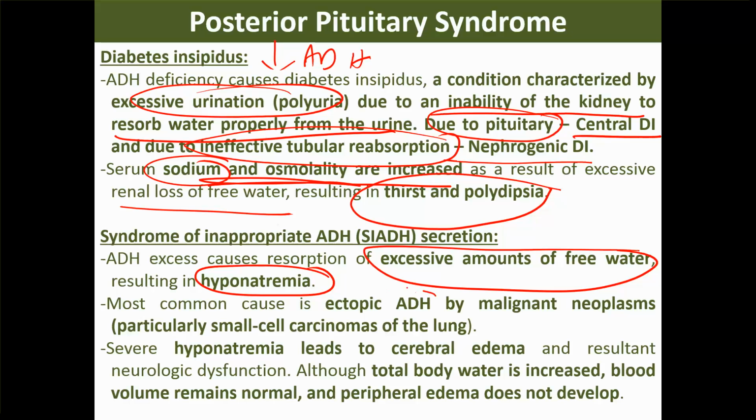Most often we suspect ectopic ADH, and we also suspect cancer in the lung, especially small cell carcinoma of the lung, which is commonly seen in smokers, whether they smoke cigarettes or shisha or any other stuff related to tobacco.